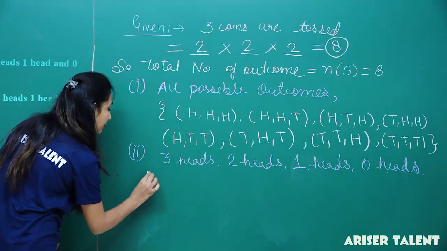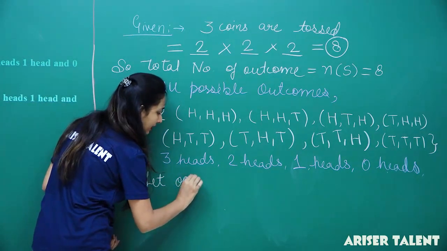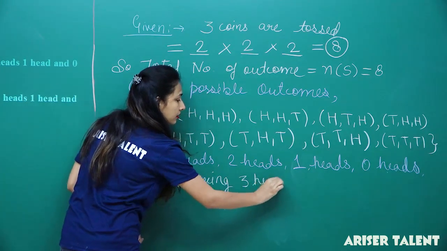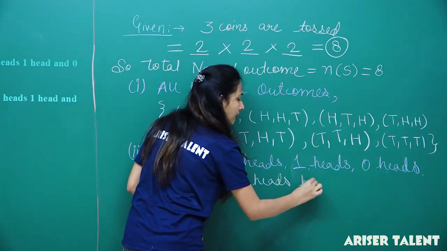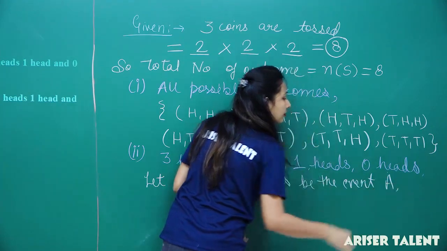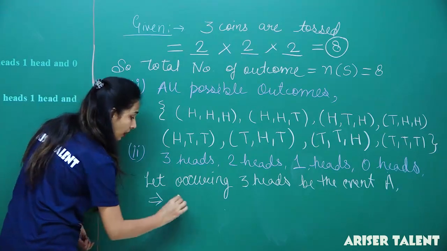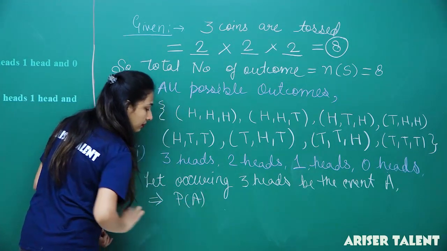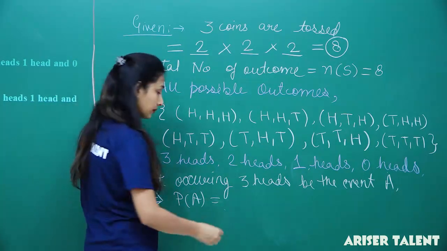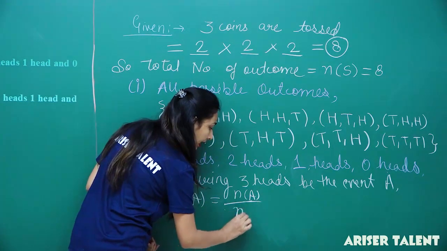So let occurring 3 heads be the event A. Now it implies that PA is equal to, simply, NA upon NS.